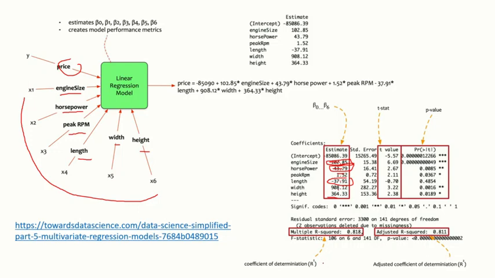Another important thing is at the end, how much of the variability you explained in your sample. If you have a perfect fit, then this value here will be close to 1. But in this particular model, 81% of the variability has been explained.